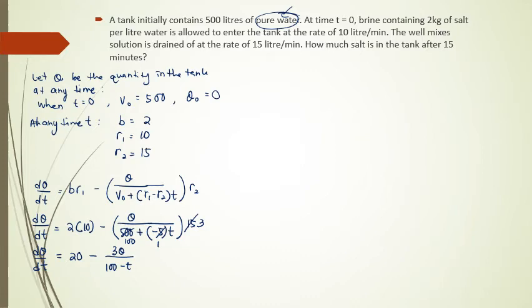Okay, next we can change the way we write it, so it becomes dQ over dt plus 3Q over 100 minus T, which is 3 over 100 minus T times Q, equal to 20.